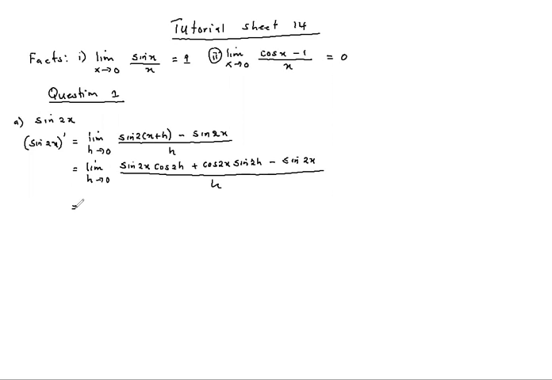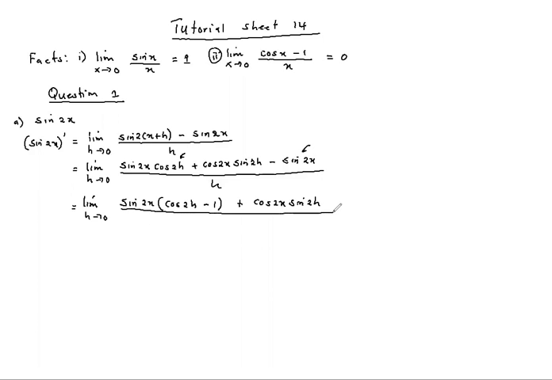Now, this is sine 2x, and this is sine 2x. This means that sine 2x is appearing twice. So we can write this by factoring out sine 2x and remain with cos 2h here and remain with 1 here, minus 1, plus cos 2x sine 2h over h.